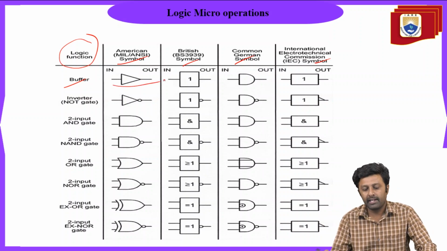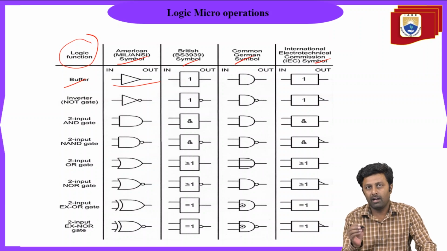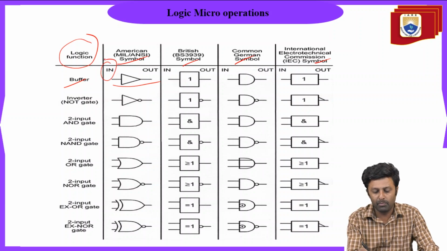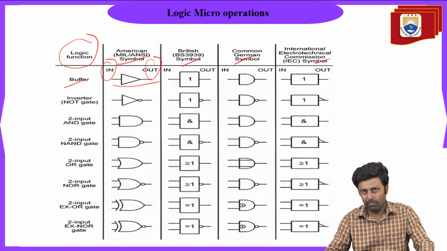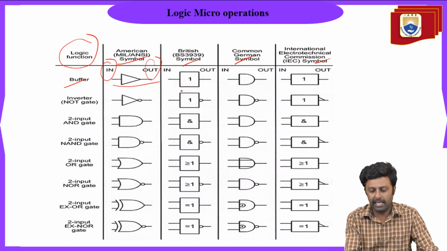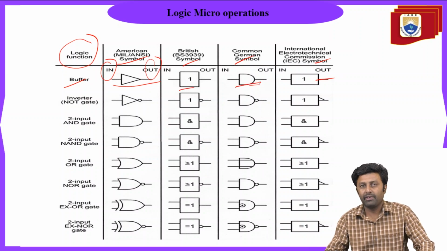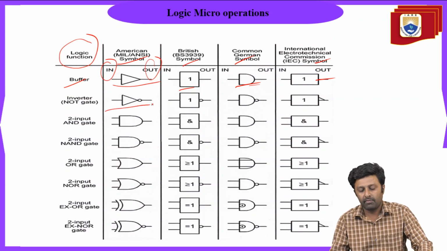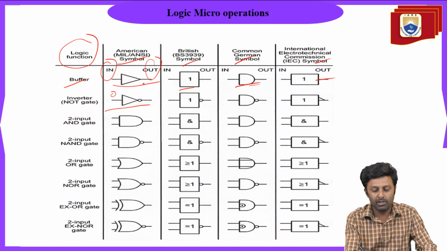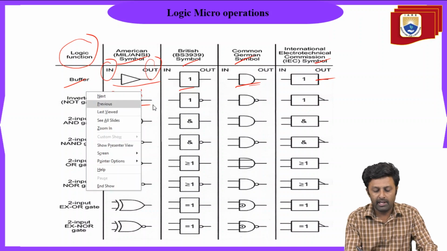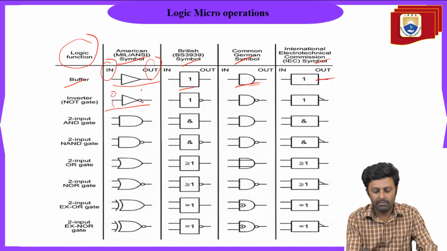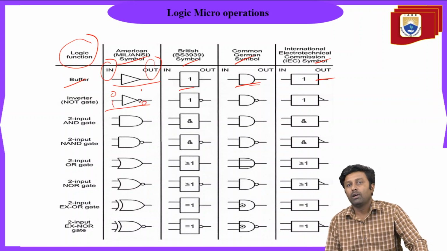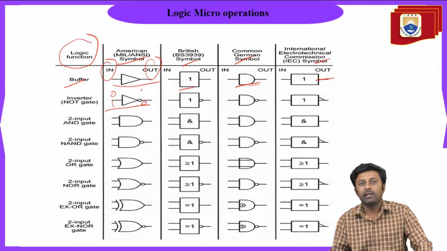The buffer consists of a single input, so there will be 1 bit of input and 1 bit of output produced. The same symbol is represented in different cases. This is the symbol for the inverter. What is the function of the inverter? If you give 0 as input, the output will be 1, and vice versa. If the input is 1, the output will be 0.